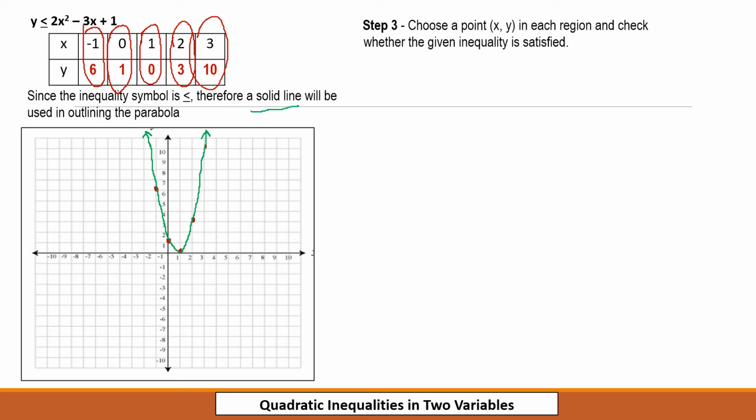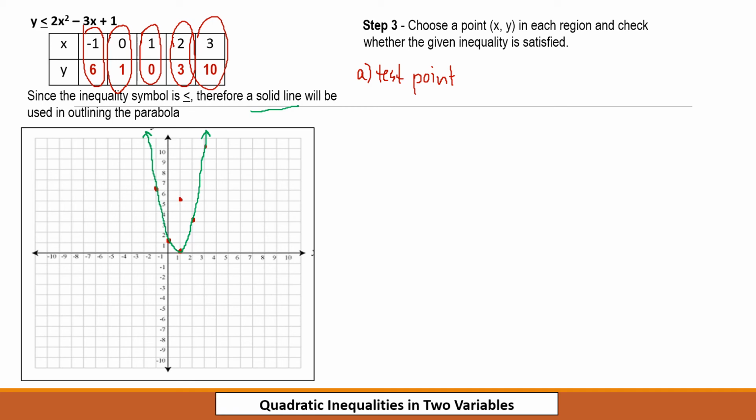Next step is we will choose a point in each region and check whether the given inequality is satisfied. So let us first choose a test point inside the parabola. Any point inside the parabola. So let's say we have point 1, 5.